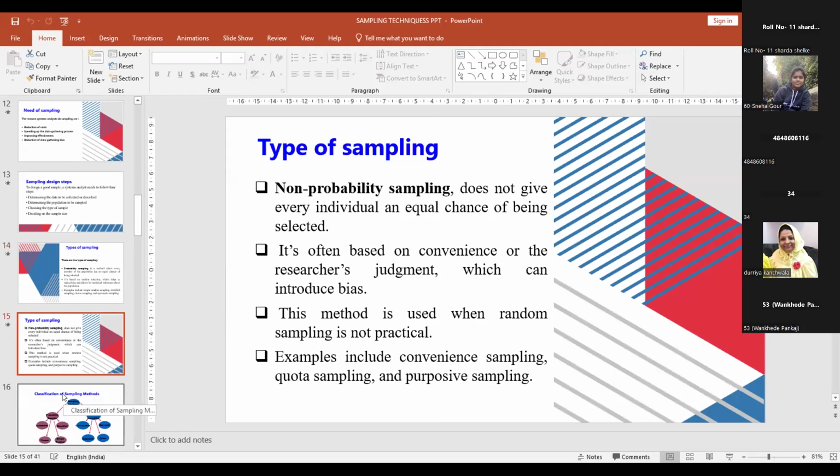Another one, as I told, is non-probability sampling. Non-probability sampling, or judgment sampling, is based on personal judgment.